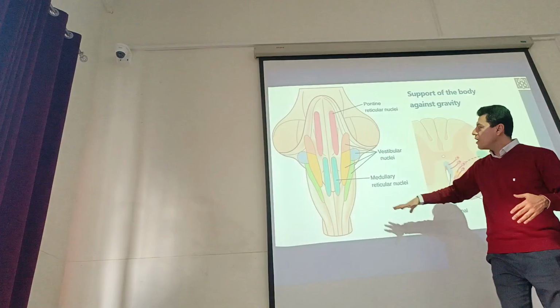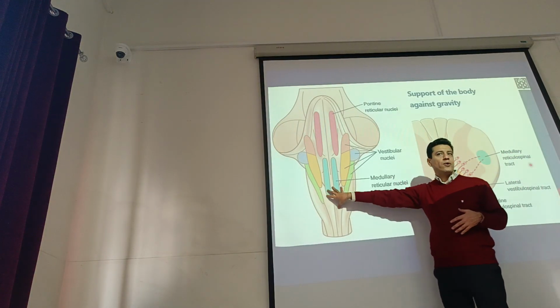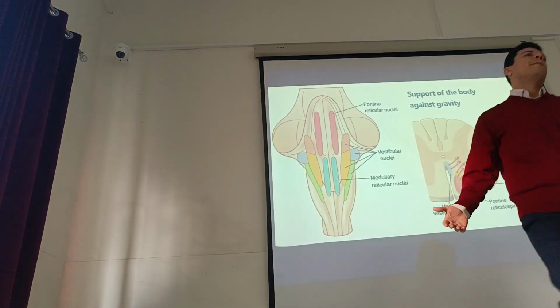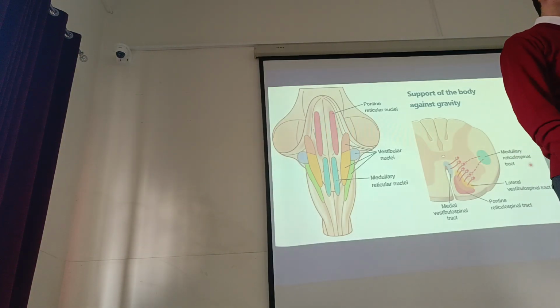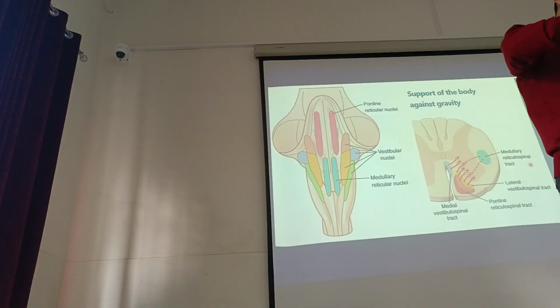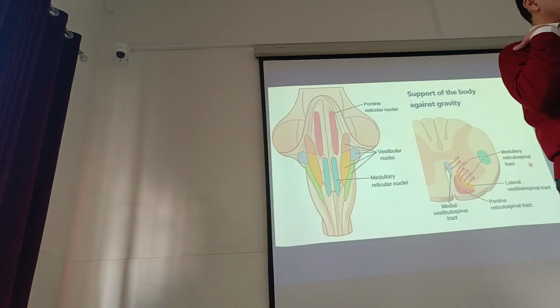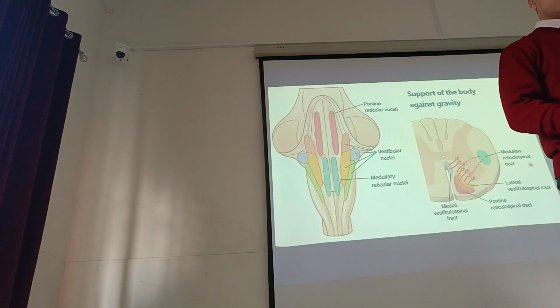So all of these neurons innervate medial alpha motor neurons. So they go to the spinal cord, they reach medial alpha motor neurons. Medial alpha motor neurons contract proximal part of the body, axial muscles.